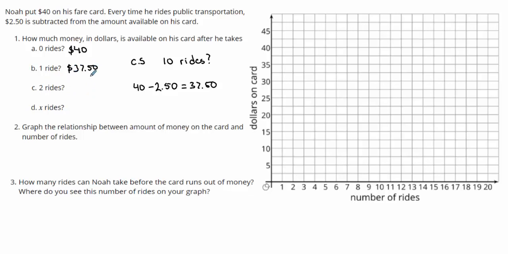And then 2 rides, I know that's one more than 1 ride, right? 2 rides is one more than 1 ride. So I could just take away another $2.50 here and end up with $35 for 2 rides.